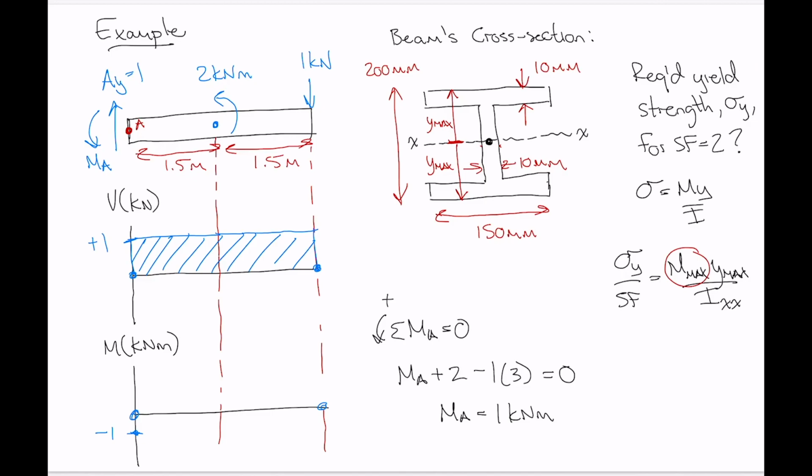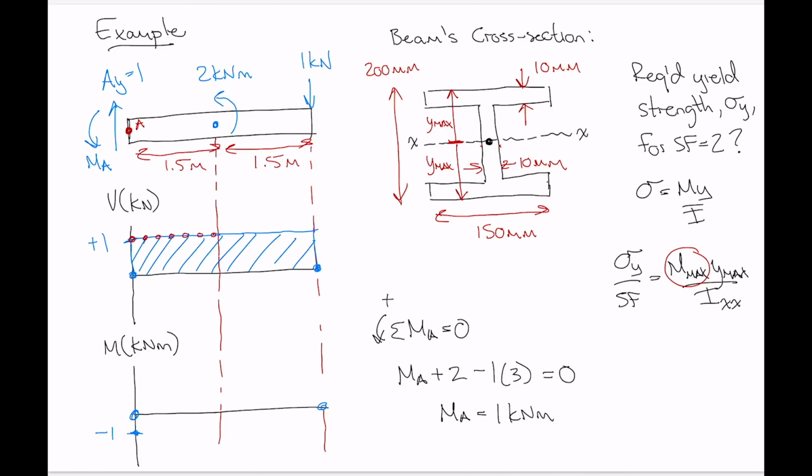And then next we're looking at the shear diagram. The value of shear gives us the slope of the moment diagram. We've got constant positive values of shear, so we need a line on the moment diagram that has a constant positive slope.